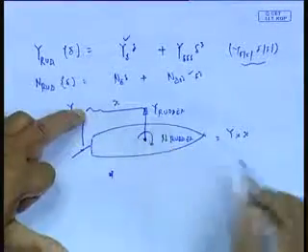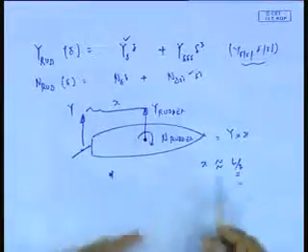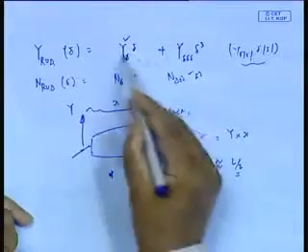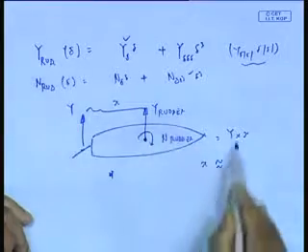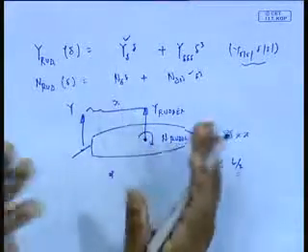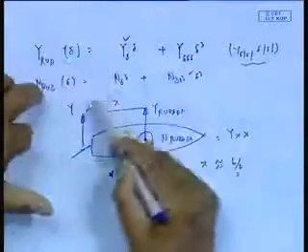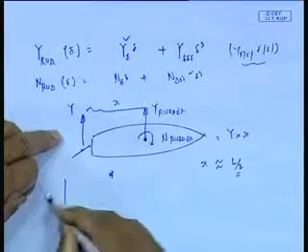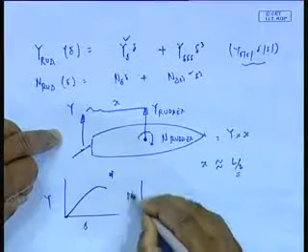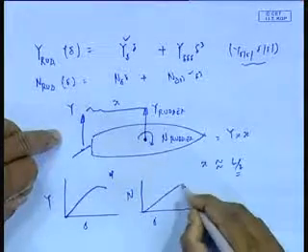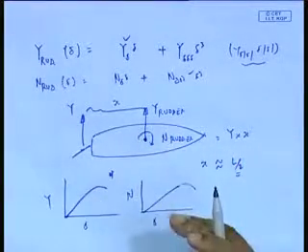So what I am telling you is that if I take these two, I must take these two, and not take only this one, because essentially Y and N are somewhat connected. If I were to model the Y force with a nonlinear variation, then N must also be so. That means if my Y versus delta is taken to be like that, you should not take N versus delta to be a straight line; you should also take a similar variation. That makes sense, because N is nothing but Y into x.